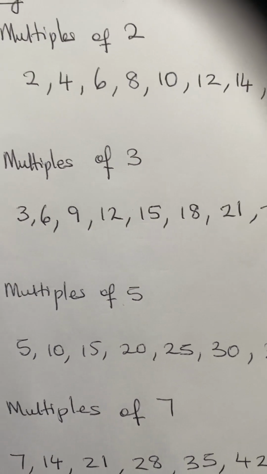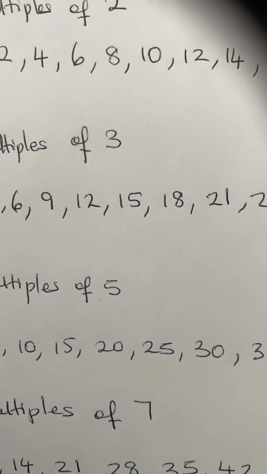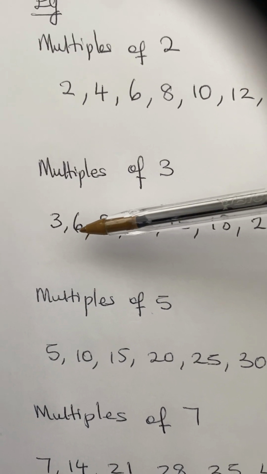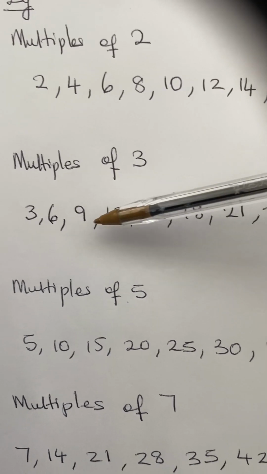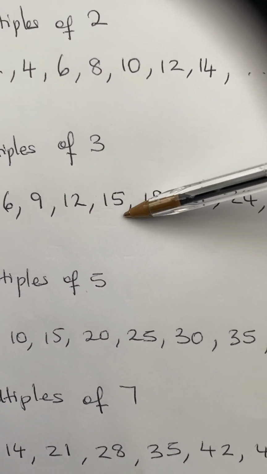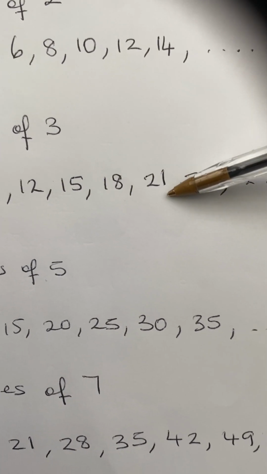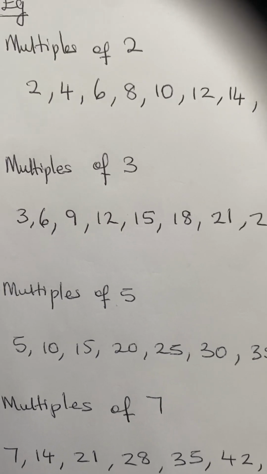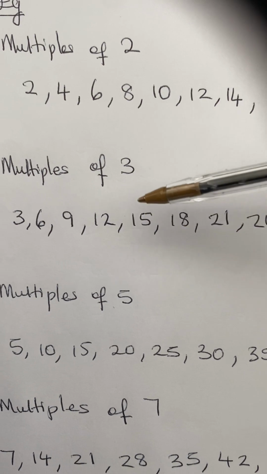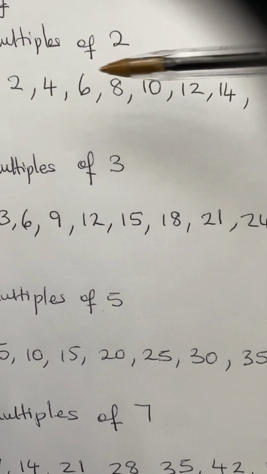Multiples of 3, as I said, they are just the timetable value. So if they said list the multiples of 3, it's going to give you 3, 6, 9, 12, 15, 18, 21, 24. 1 is not a multiple, because if you put 1 there, it becomes a fraction.